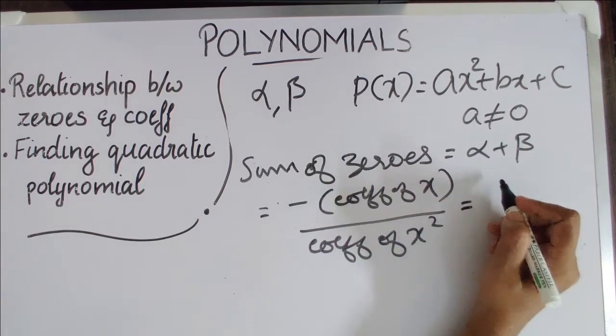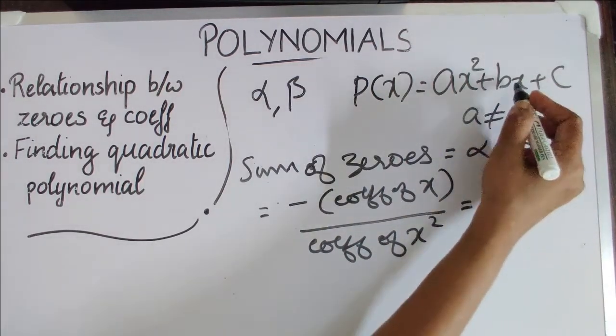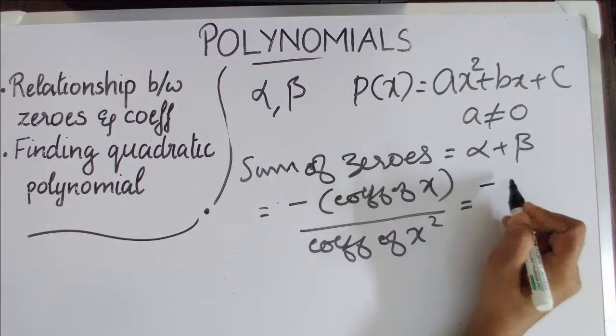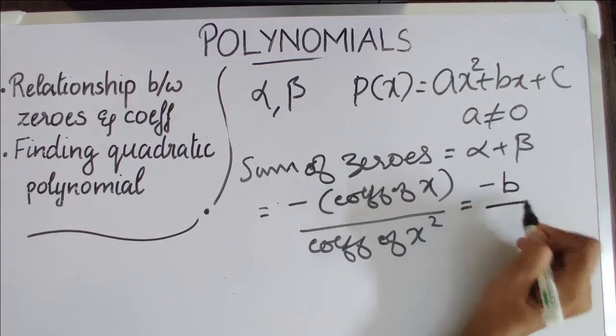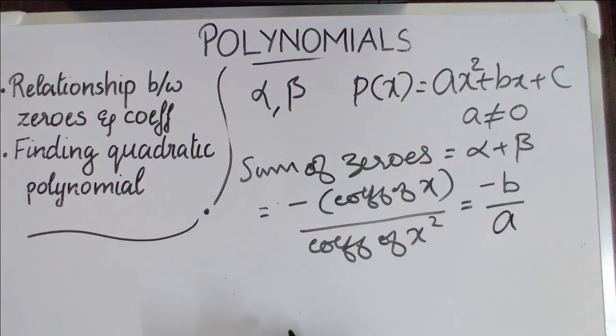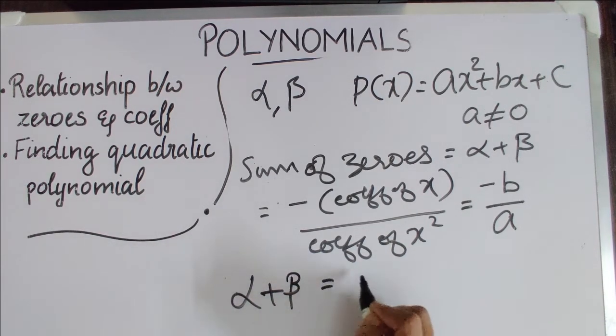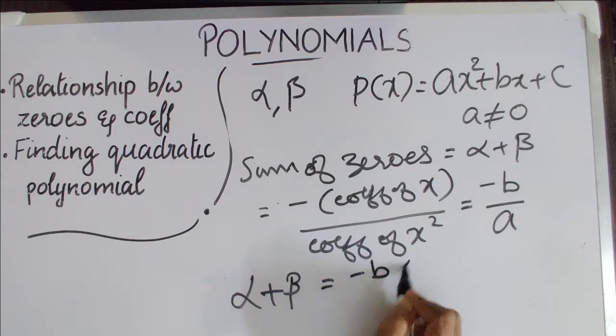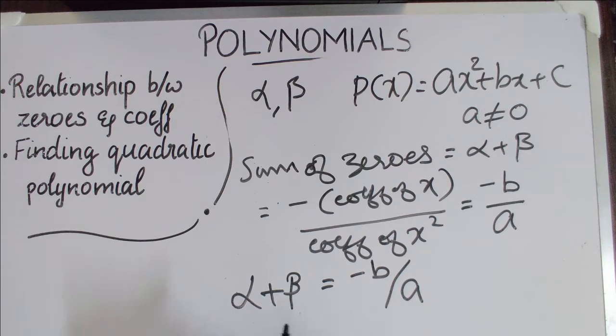The coefficient of x is b, and the coefficient of x square is a, so the sum of zeros alpha plus beta equal to minus b by a. This is the relation between sum of zeros and coefficients.